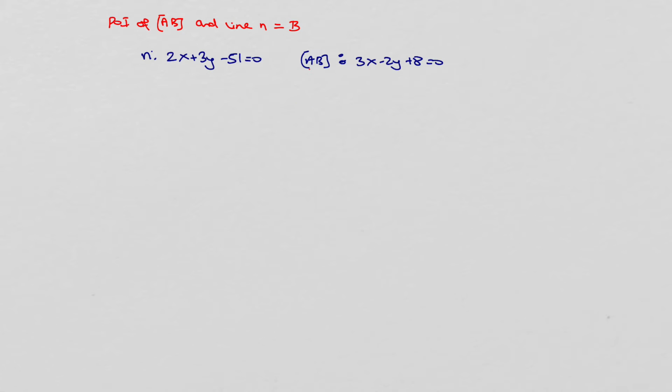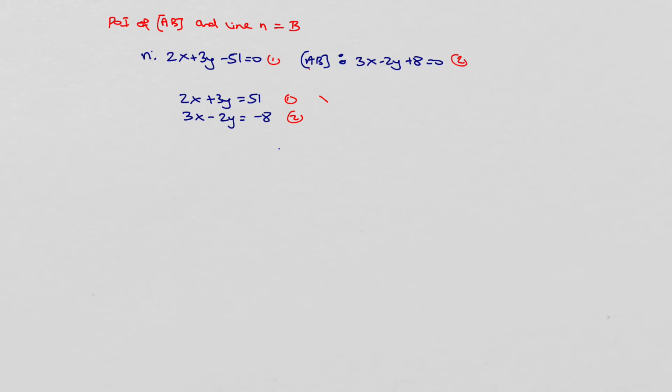I'm going to call them equation 1 and 2 and do simultaneous equations to find the point of intersection. So we have 2x plus 3y equals 51, and 3x minus 2y equals minus 8.